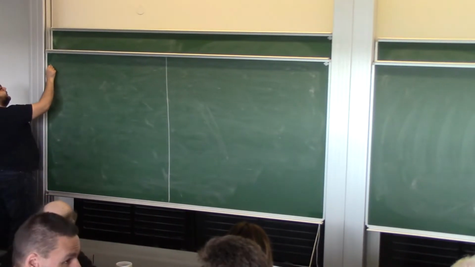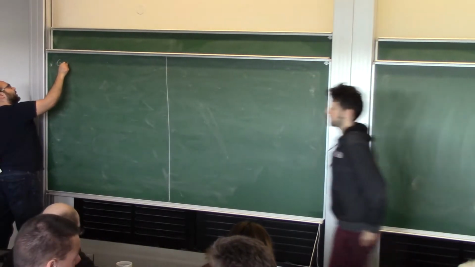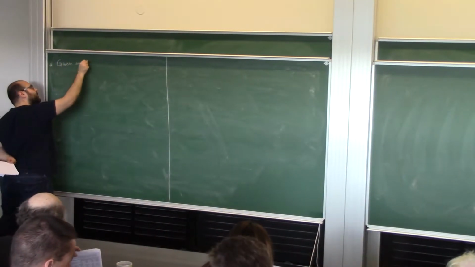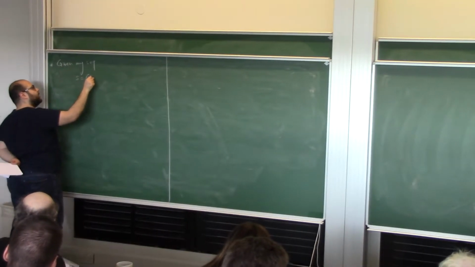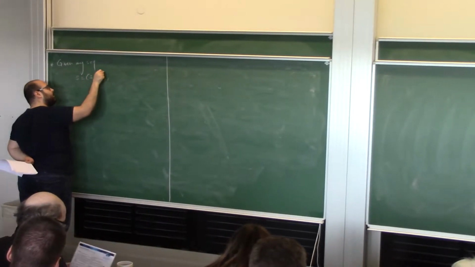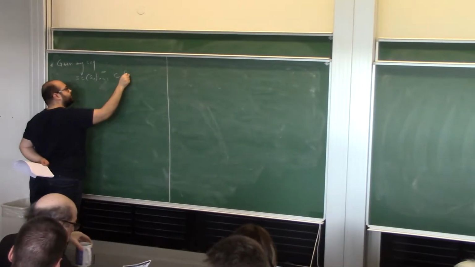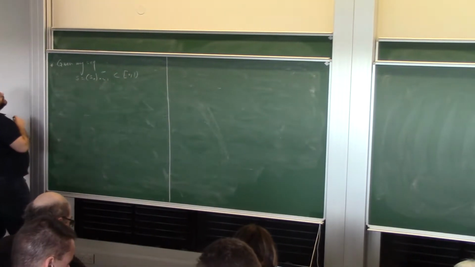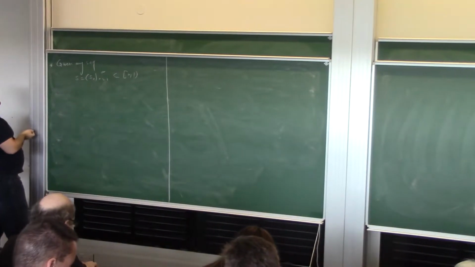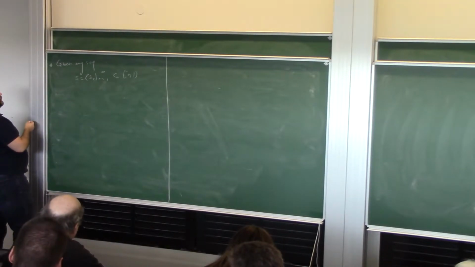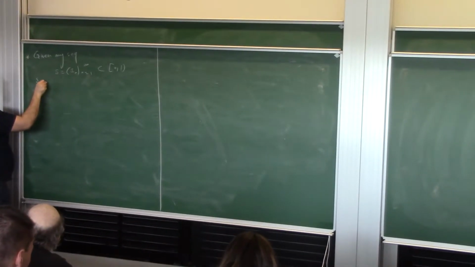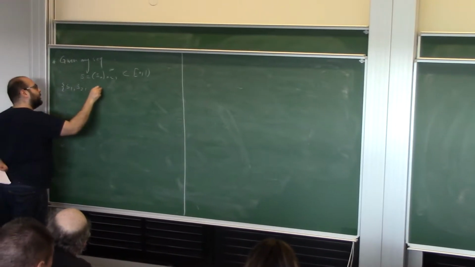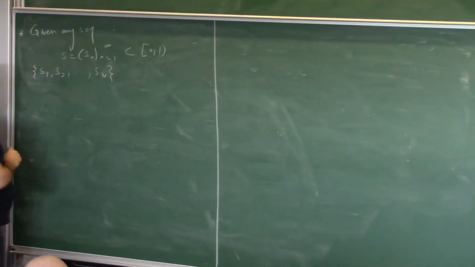So given any sequence, let's denote it S. An actual phenomenon to study is the gaps that you get when you take a segment S1, S2, up to Sn of that sequence.